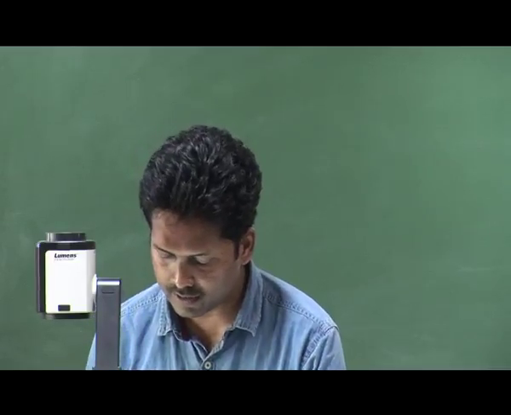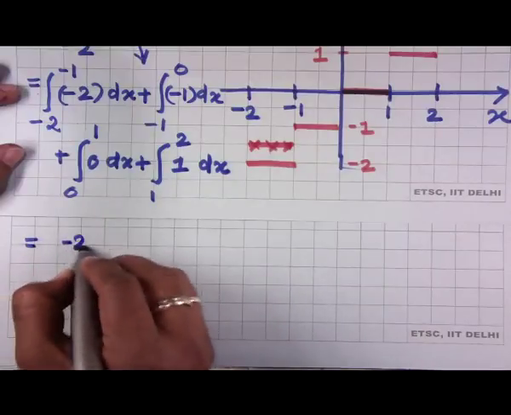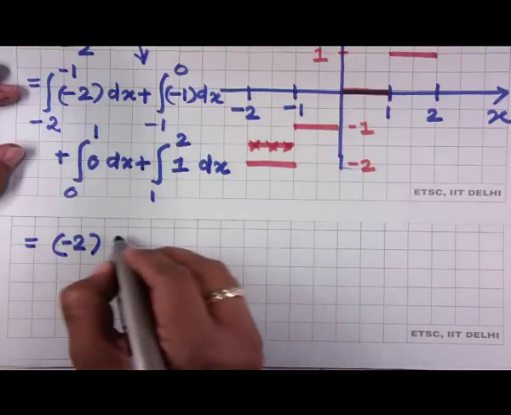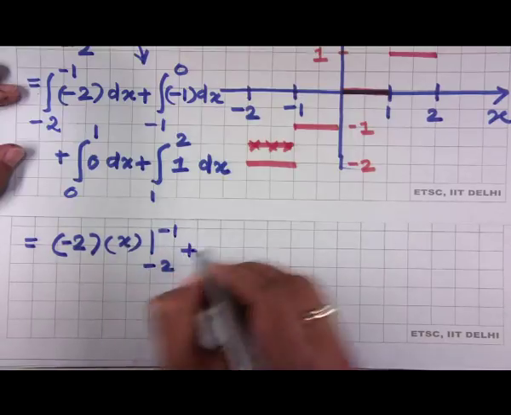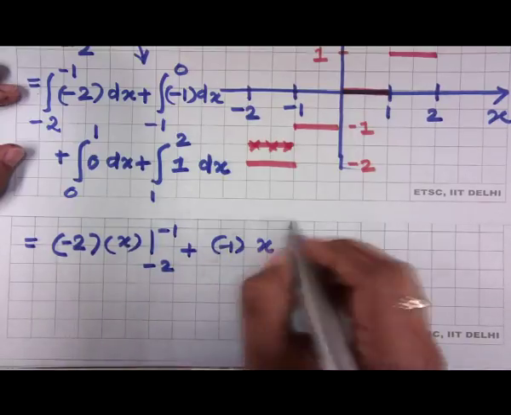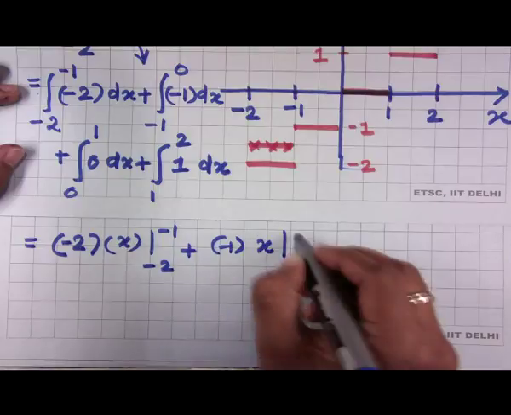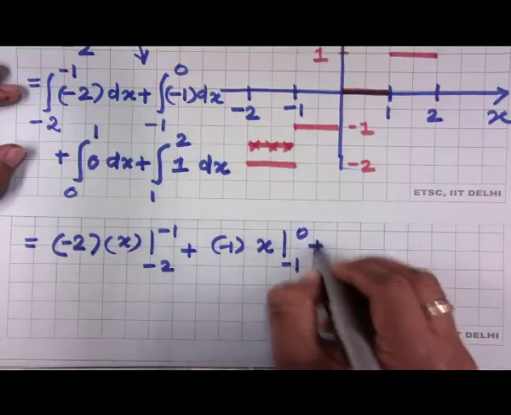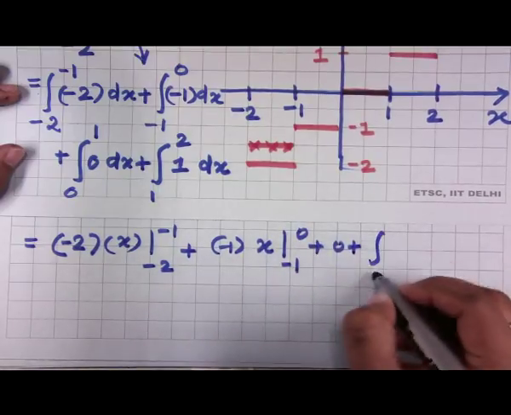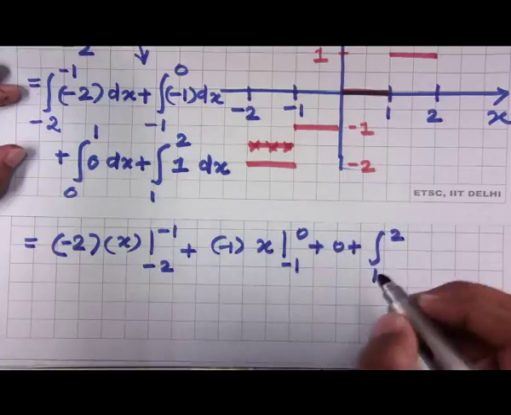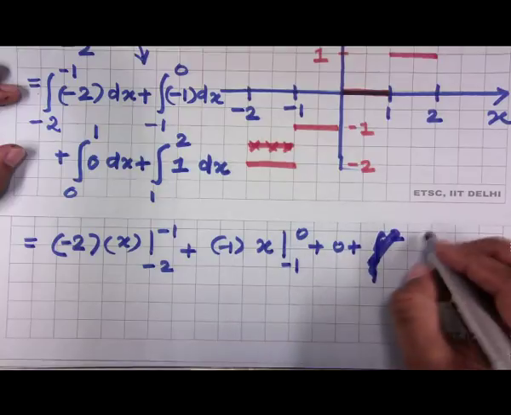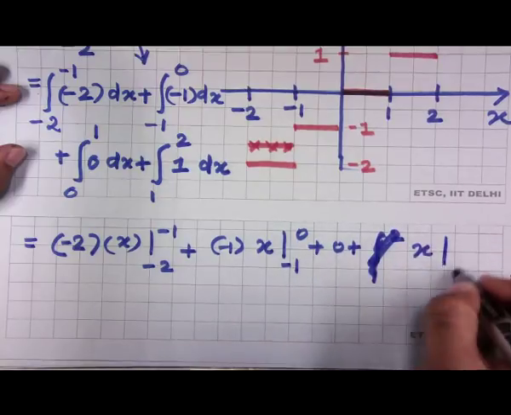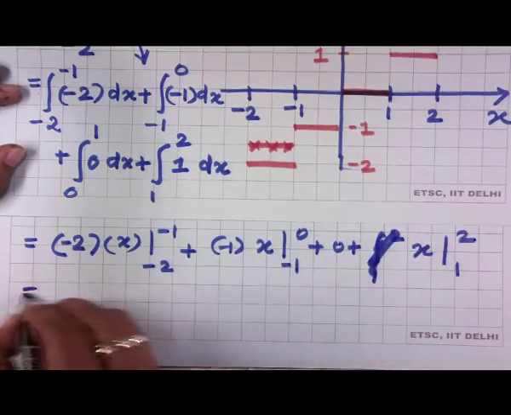If you integrate this, you get minus 2x from minus 2 to minus 1, plus minus x from minus 1 to 0, plus 0, plus x from 1 to 2.